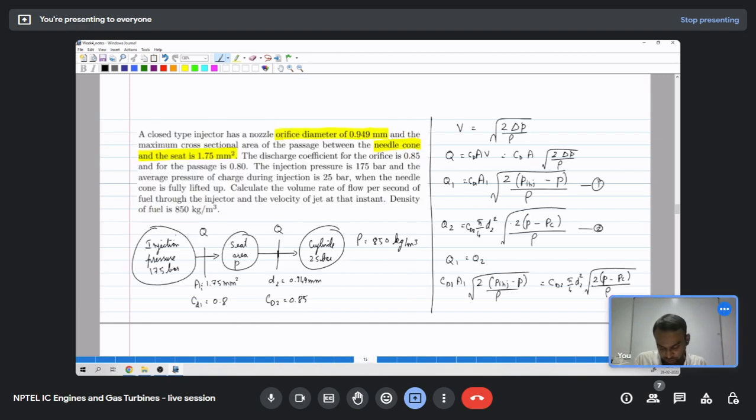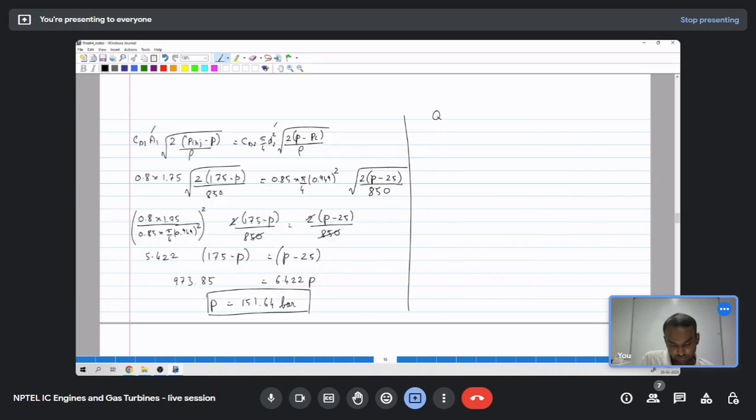So we have an injection pressure of 175 bar on the left side, then we have some seat area and then cylinder. Is someone else also trying?